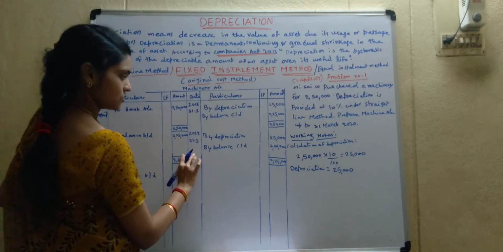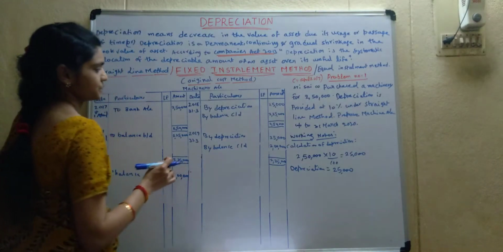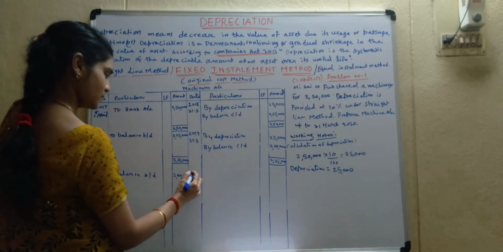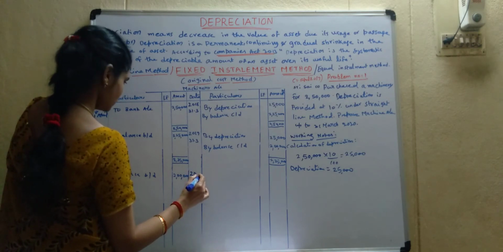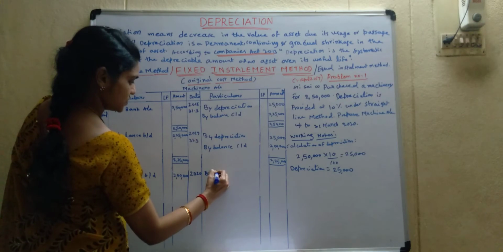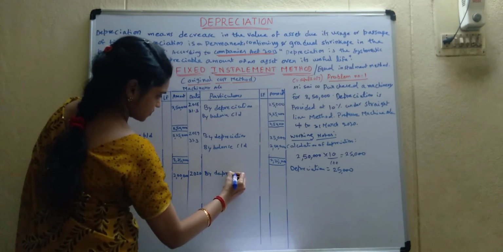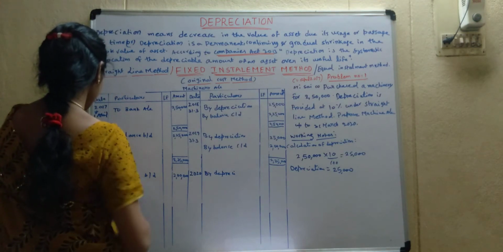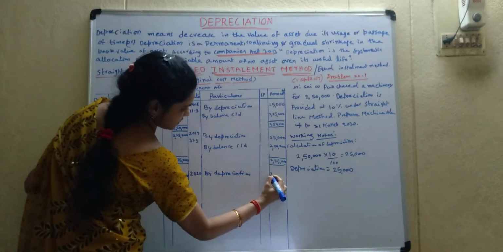They ask you to show the machinery account up to 31st March 2020. By depreciation, again 25,000.